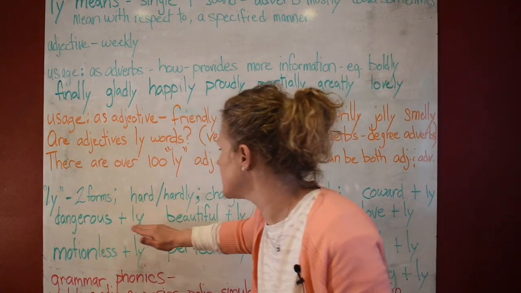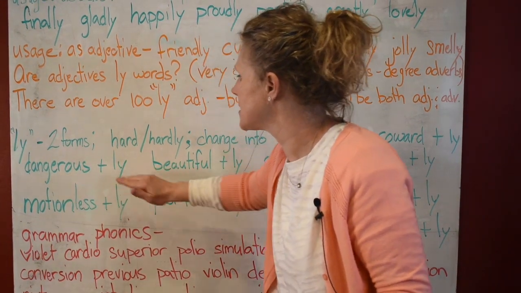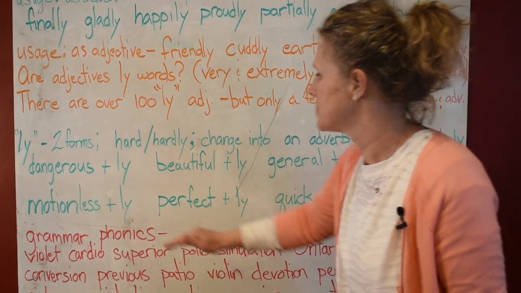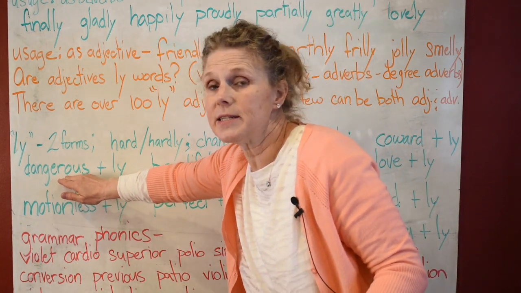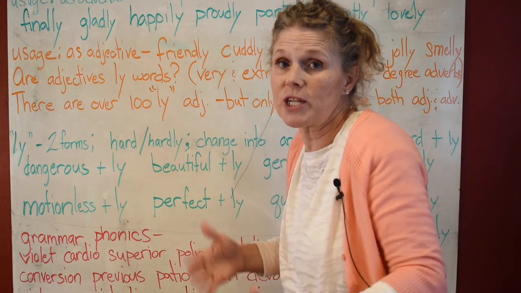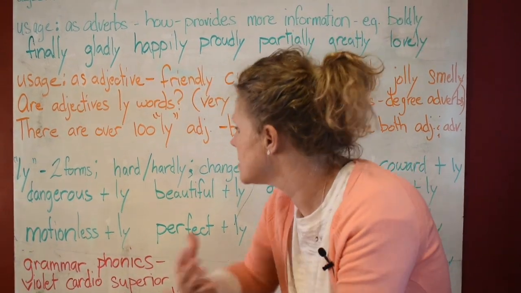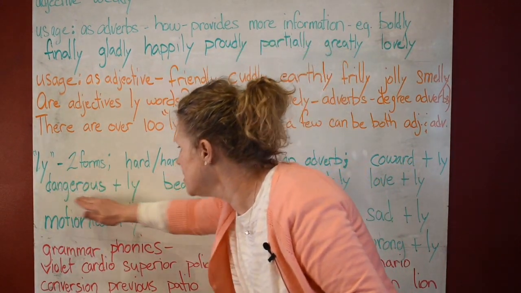Dangerously, dangerous plus ly. There's two forms right here. Dangerous plus ly. Okay, and this will change this. Whatever this is, it's going to change it. And most of the time, I typically ask the question, how does it change it? How does it do this ly? Well, it does it dangerously.